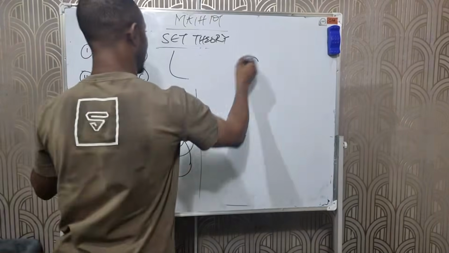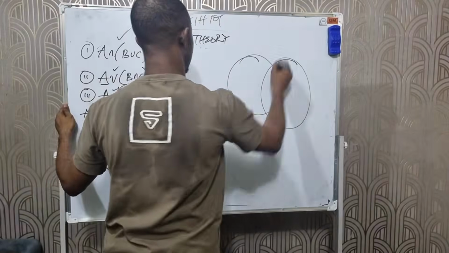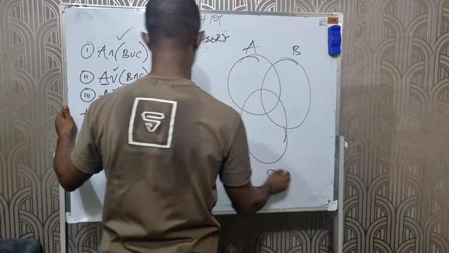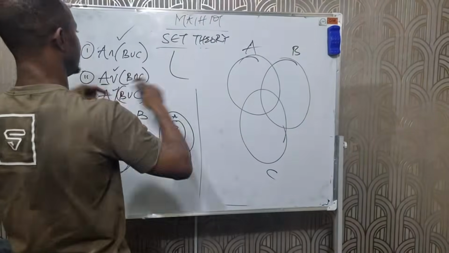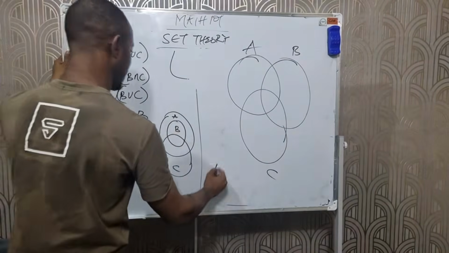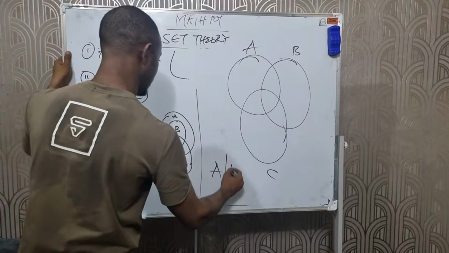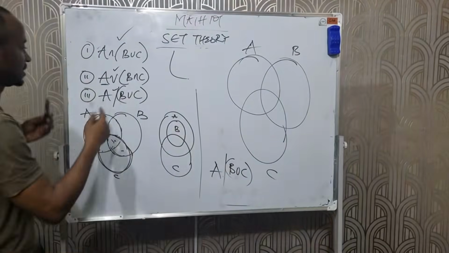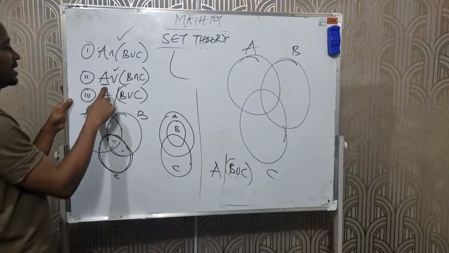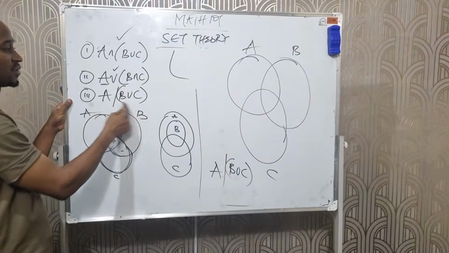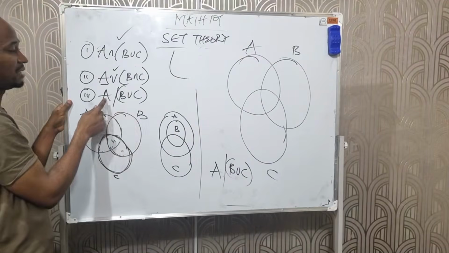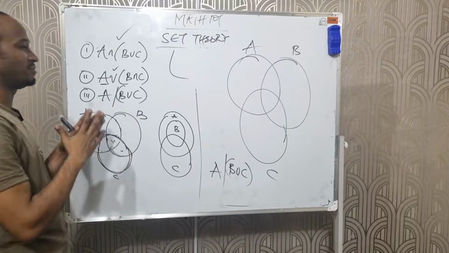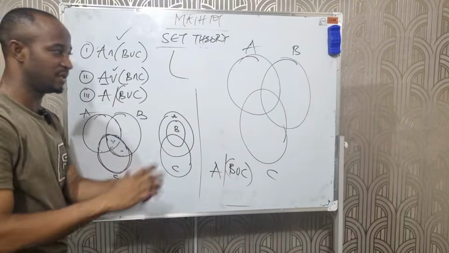The third one says, how do we represent A difference B union C? This sign means difference, meaning elements that are found in A but not in B union C. I'm going to shade all the elements in A, excluding B union C.